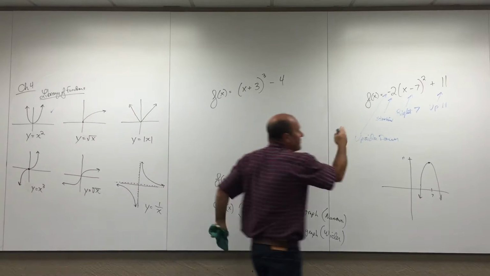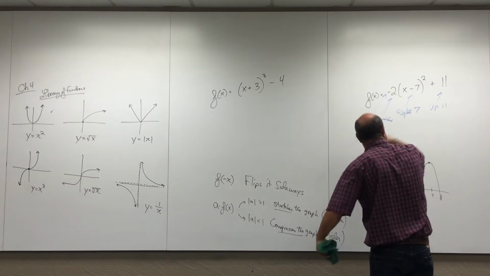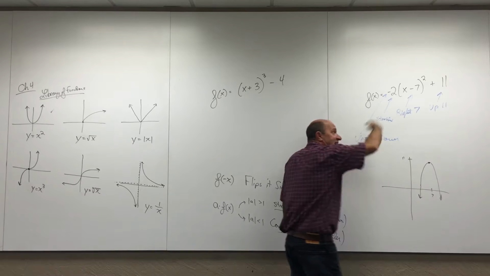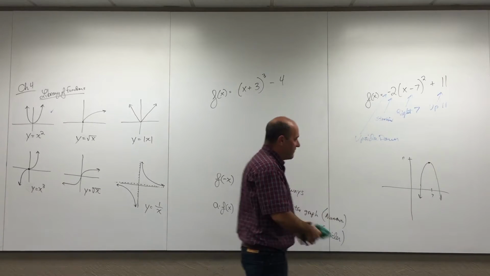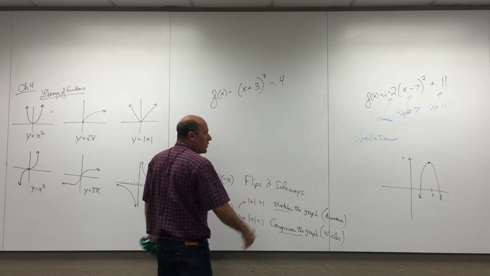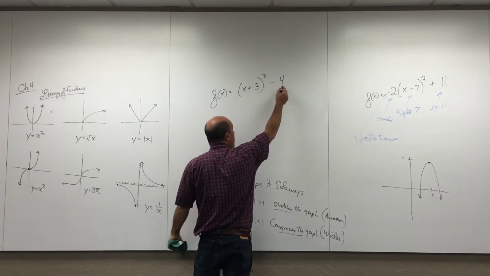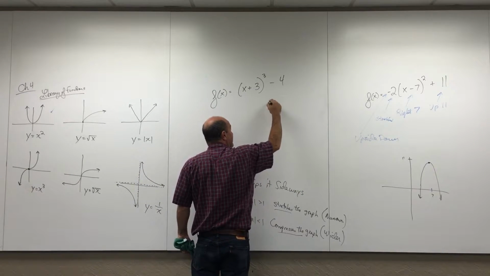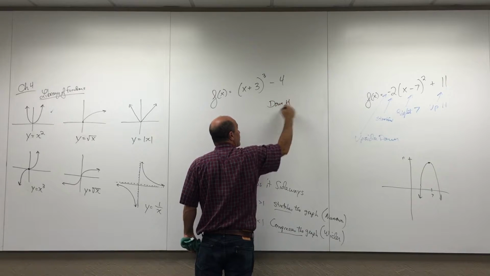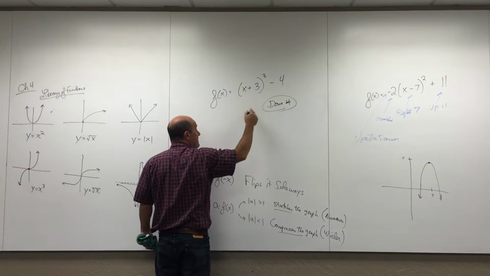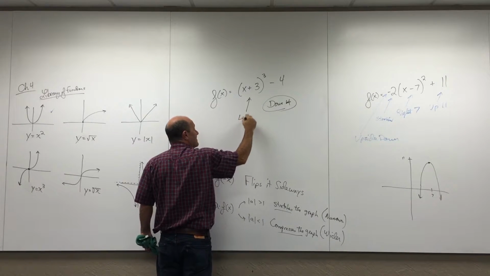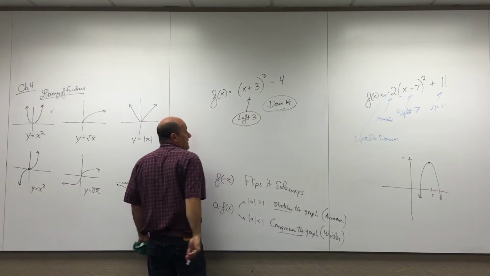So writing down these words is something I may even ask you to do. I think it's kind of a nice piece of advice. Write down the shifts. What is going on? The -4? Down 4 is a good phrase there. Down 4. The +3 there? That's the left 3. And that's really it.